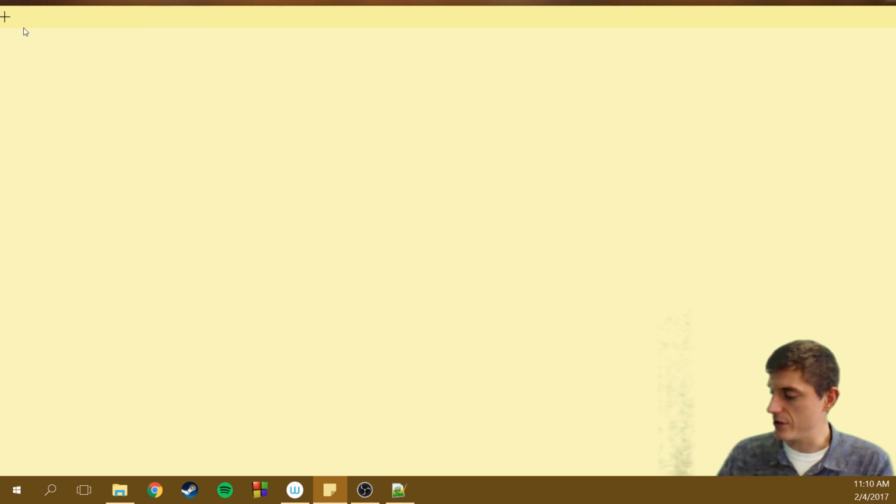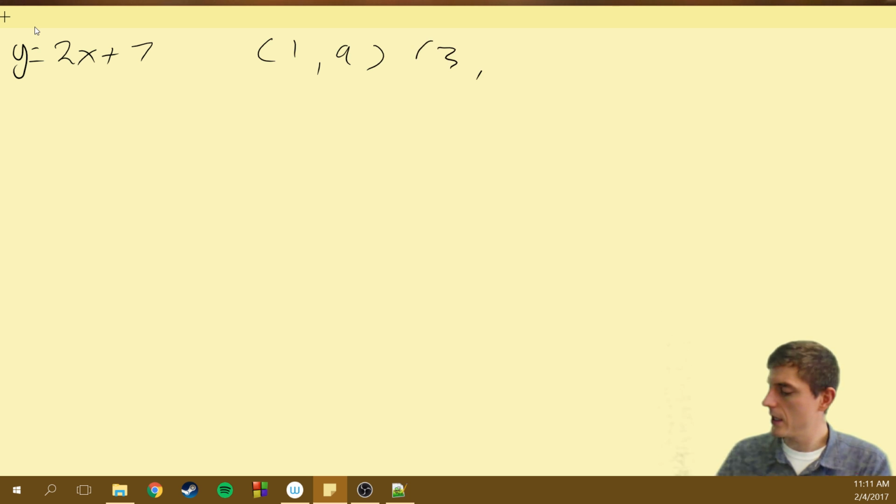I know that the answer to this problem should be y equals, let's do 2x plus 7. So 2 points that I know would be on that line are (1, 9) and (3, 13), right? So this would be my x1, this would be my y1, this is my x2, this is my y2.